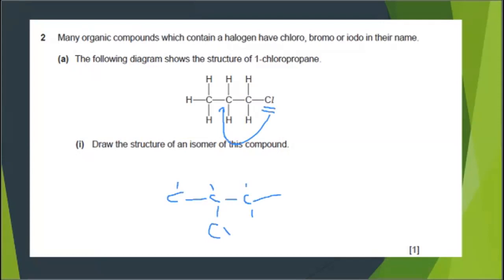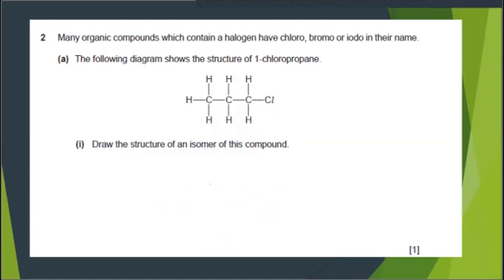Right? In so doing, what we would have done is created an isomer of 1-chloropropane. So instead of chlorine being on the first carbon, chlorine is now on the second carbon. So we end up with 2-chloropropane.